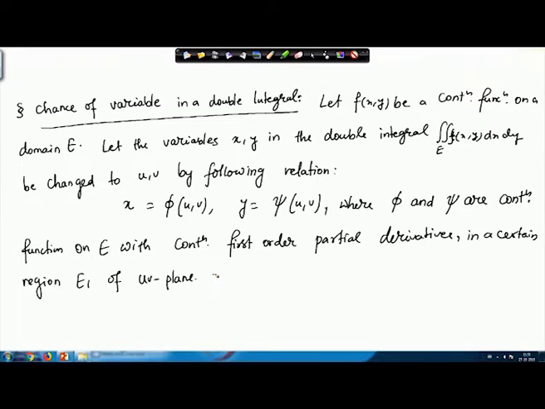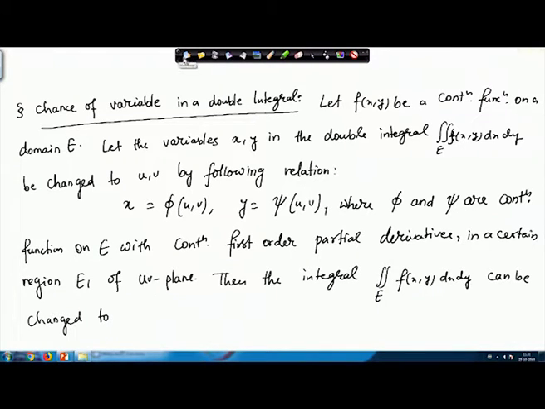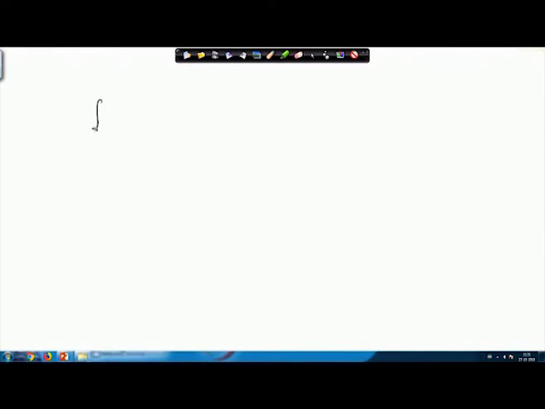Then the integral over E of f(x,y) dx dy can be changed to, let us write in a new page, the integral over the region E of f(x,y) dx dy.